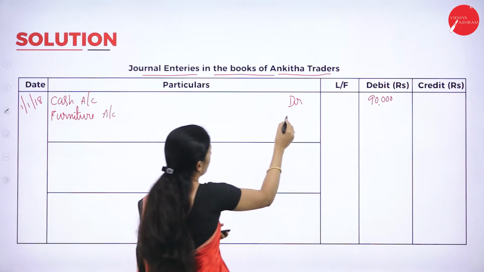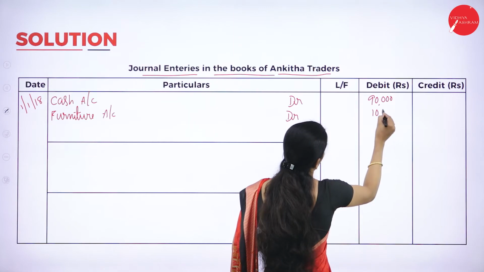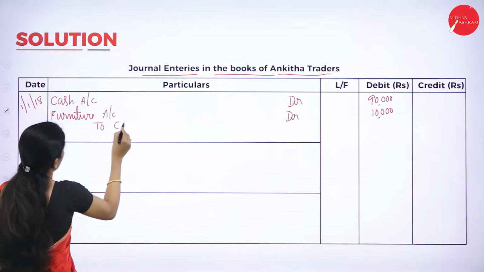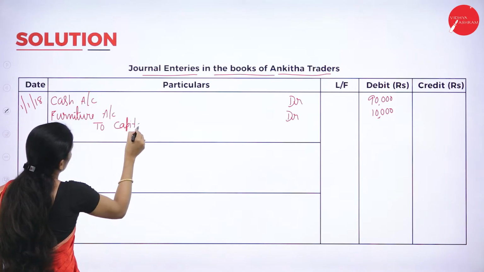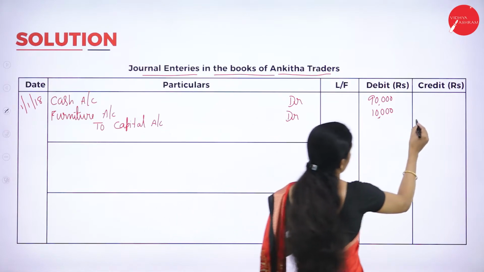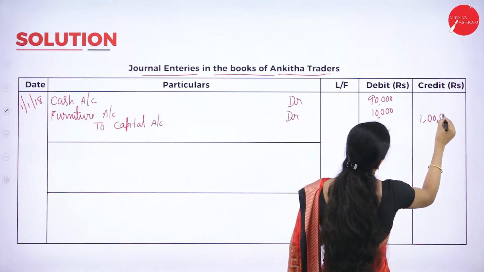So, what is the amount of furniture? 10,000 to capital account. So, total is how much? It is 1 lakh.